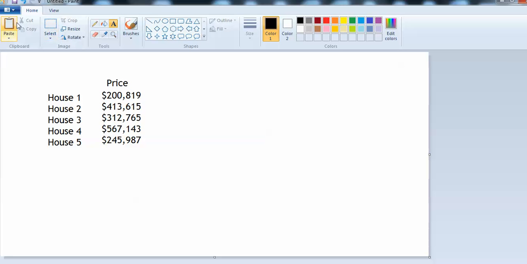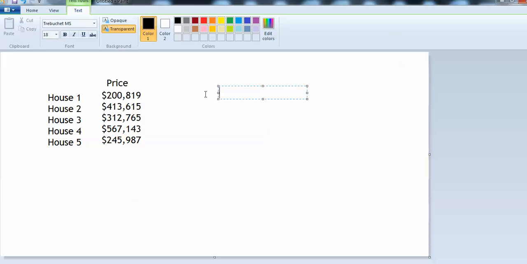So we've recorded data from five houses. Now let's say that we're also recording maybe it's just the heights of 5 trees. We'll just stick with that example.